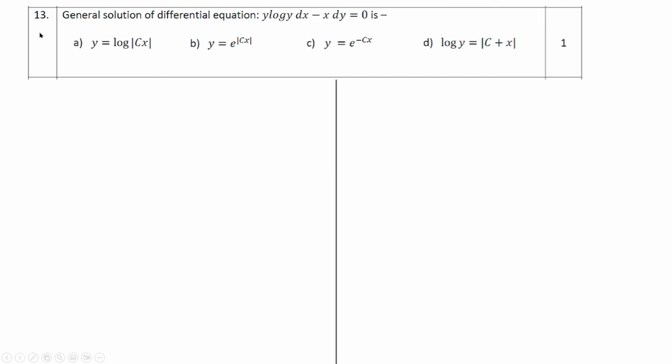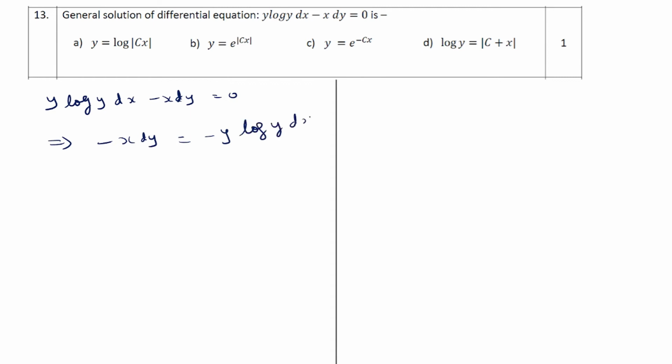Next question. The general solution of the differential equation y log y dx minus x dy equal to 0 is. So here we need to find the general solution of this differential equation. First let us write this equation. y log y dx minus x dy equal to 0, or minus x dy equal to minus y log y dx, minus minus cancel.